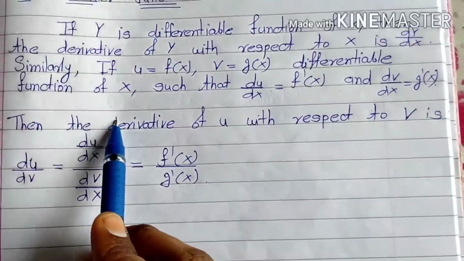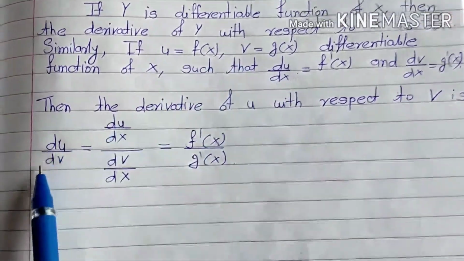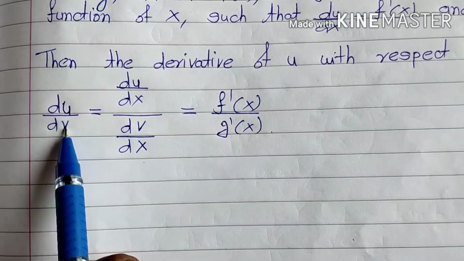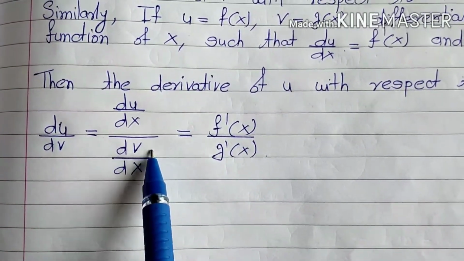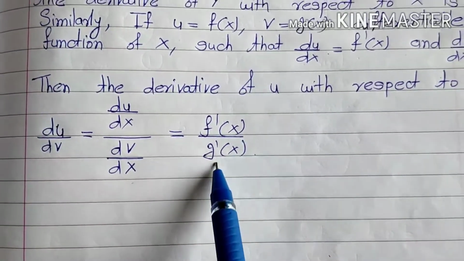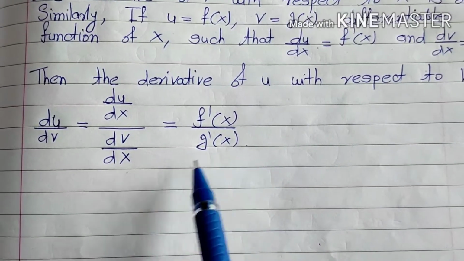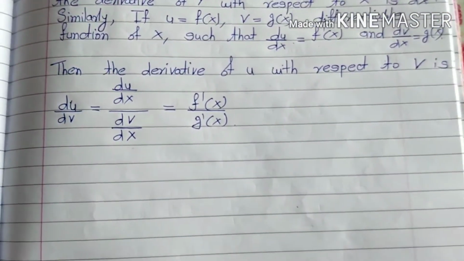But if we have to find the derivative of u with respect to v, then du upon dv is equal to du upon dx upon dv upon dx, which is equal to f dash of x upon g dash of x.